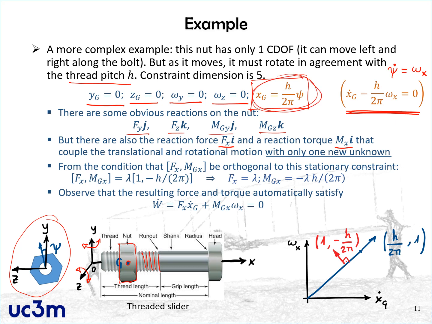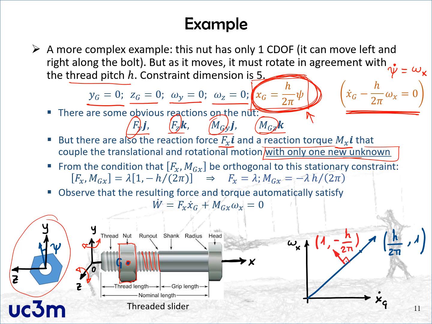The point is, we know that since we are dealing with just one equation here, this constraint force and torque must involve just one extra unknown. So while we have introduced independent unknowns for these other reactions, the remaining reactions associated to this constraint equation have to involve just one extra unknown.